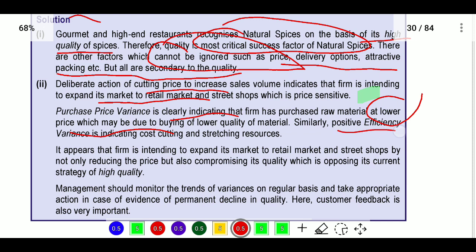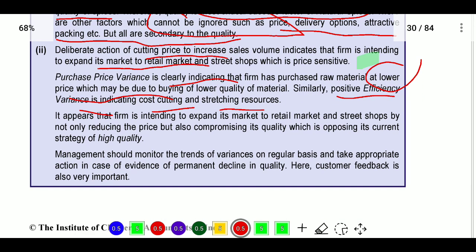Similarly, the positive efficiency variance indicates cost cutting and stretching resources. It appears that the firm is intending to expand into the retail market and street shops by not only reducing the price but also compromising its quality, which opposes its current strategy of high quality. If you go for cost cutting, the quality will be reduced.